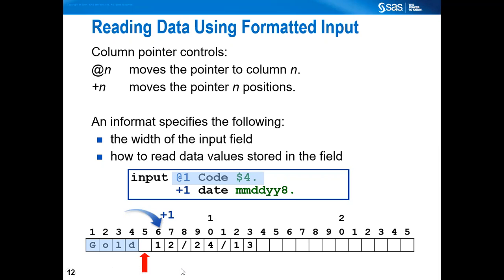So there are two column pointers. Best way is to use only these. An informat specifies the width of an input field and how to read data values stored in the field. So we are providing the width and we are also telling how to read. Code is to be read as character, whereas for date we are asking it not only to give this width but also to be read as MMDDYY.